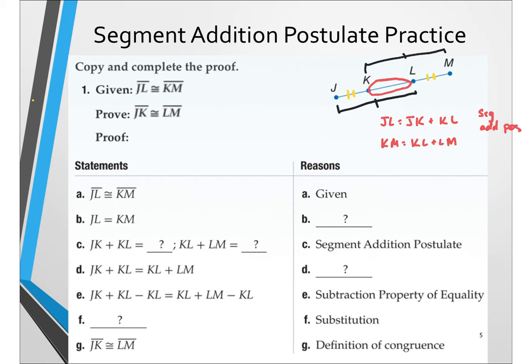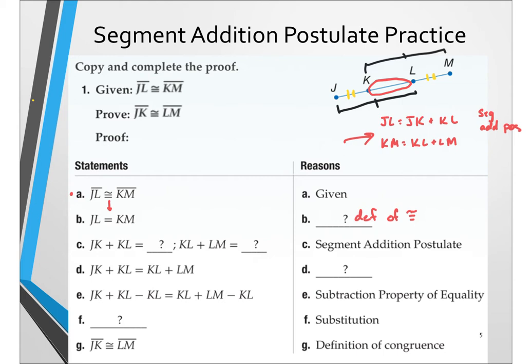So let's go down to the proof. Now, we already have this set up for the most part. Statement A was always going to be our given. So we have JL is congruent to KM. And then we went from the congruency symbol to equal signs. This is because of the definition of congruency. The reason why we need equal signs is because our segment addition postulates have equal signs.